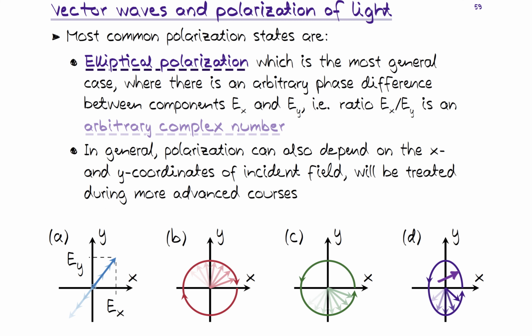In the most general case, the Ex amplitude and the Ey amplitude may not be of the same length, and in addition they may have different phases. Then the oscillation will be elliptical in that plane perpendicular to the direction of propagation k.